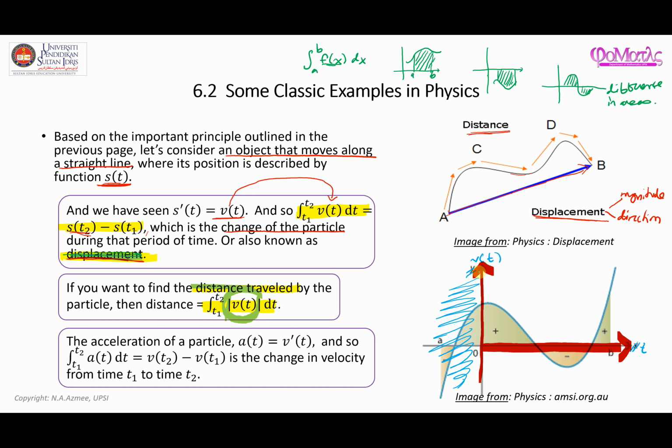Velocity is a function that can be positive and negative, because velocity is a vector, and it has magnitude and direction, which can be represented using the positive or negative sign.